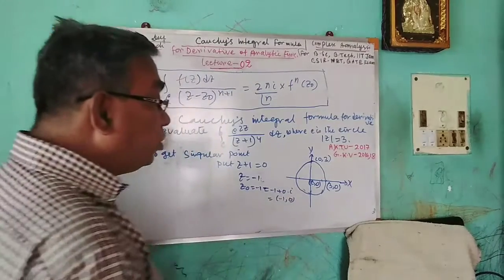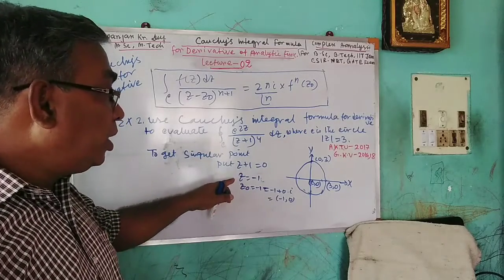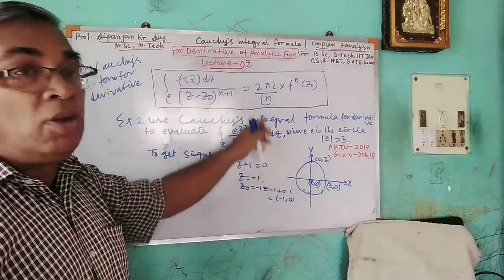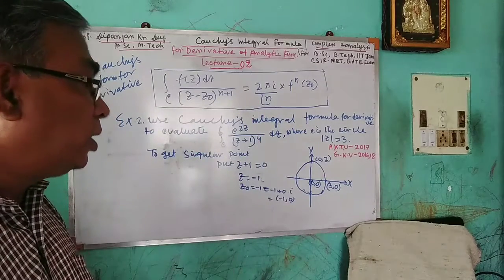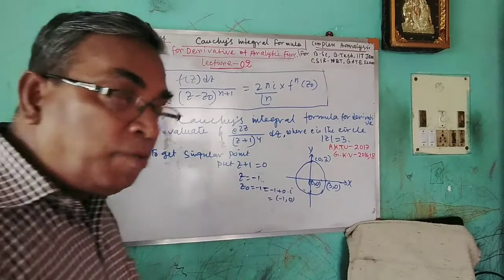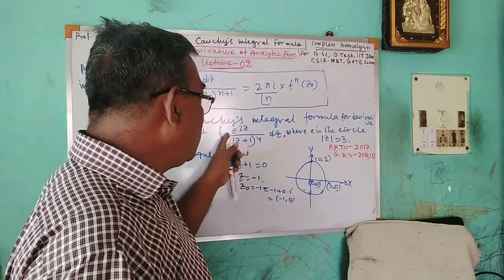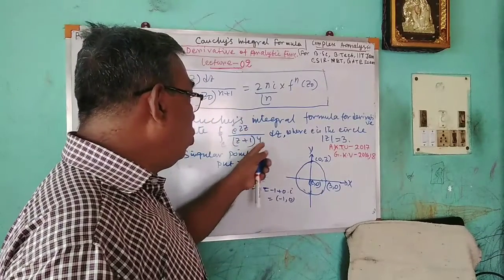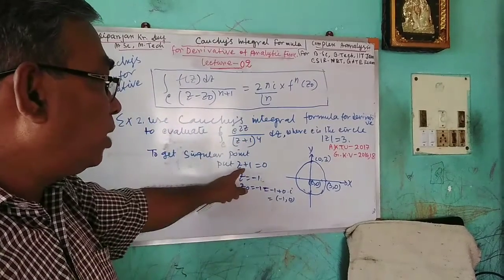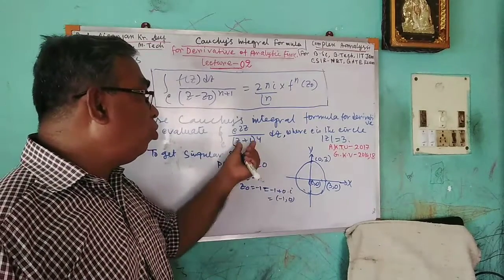This is the singular point, for which the function is not defined. What is a singular point? A singular point is that point where the function is not defined, that is, when Z plus 1 is equal to 0. So this is known as a singular point, or you can say a pole of order 4.